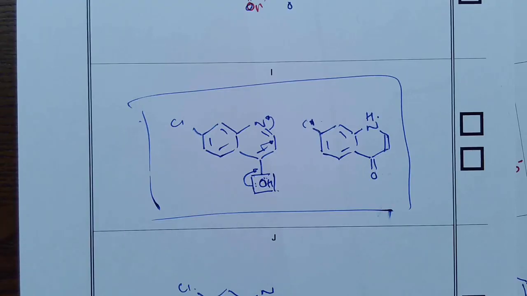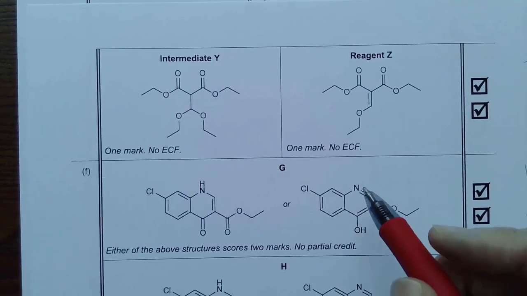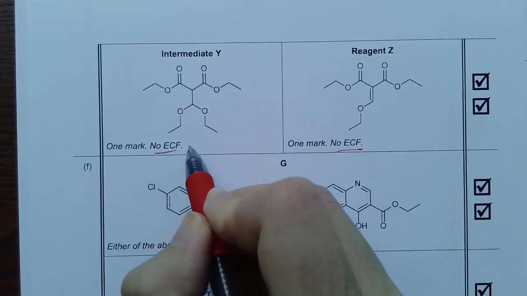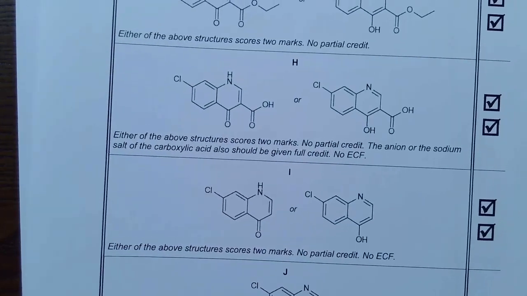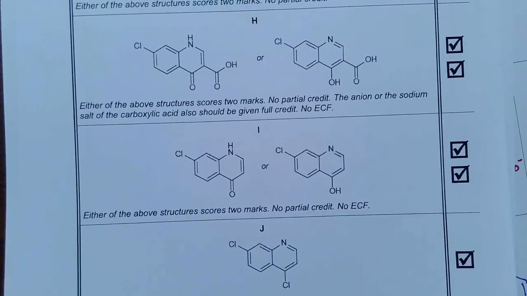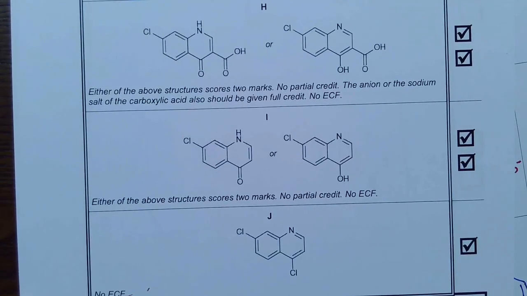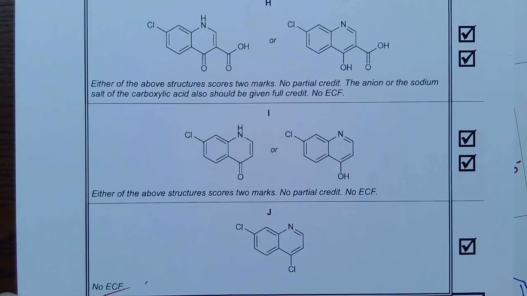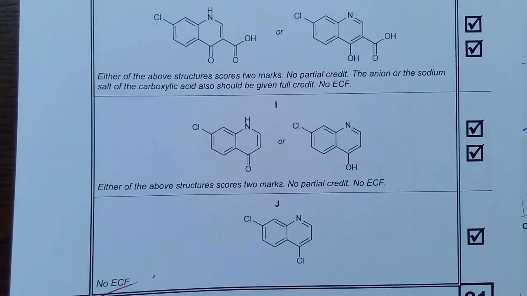One thing I will say is that in the mark scheme, they do have a lot of no ECF, no ECF, no ECF. They don't state it here. They usually do state it, but the implication from no ECF in a synthetic route is usually that you could reasonably work it out backwards.